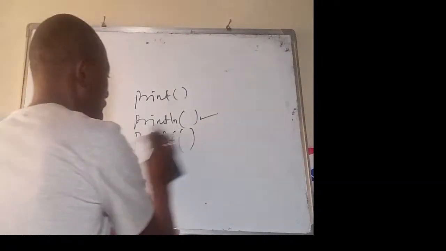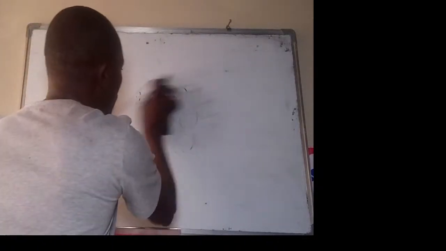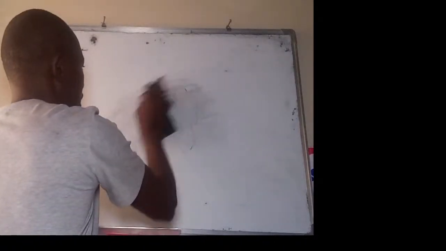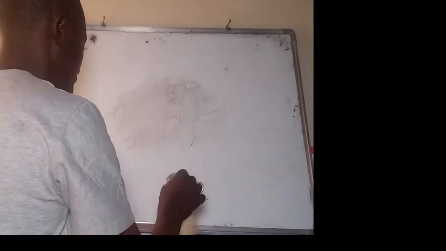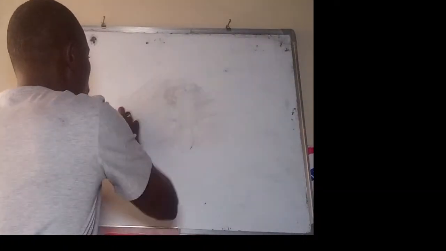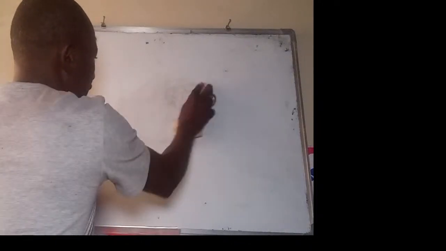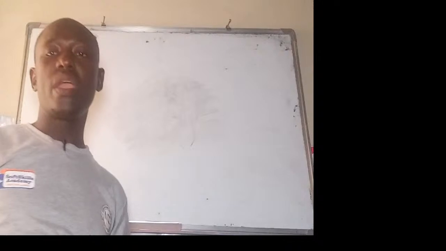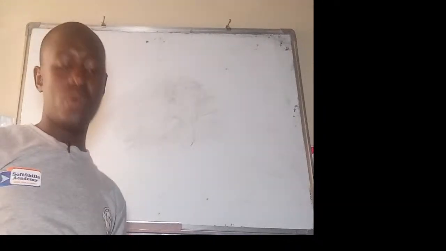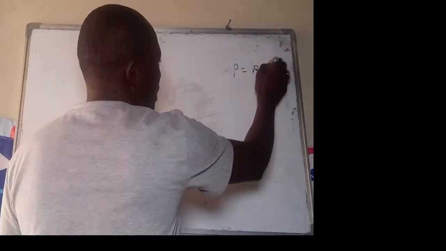So we are going to look at the input function now. These input functions allow you to accept input from the user. If we look at the earlier example we gave for the simple interest, we worked with principal equals rate times interest.